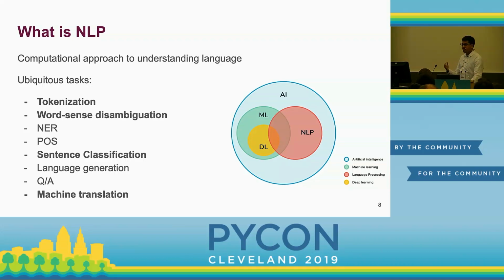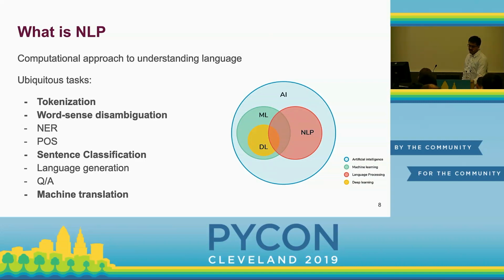So what is NLP? A very brief introduction. There are so many different definitions, because it's a relatively new field. So I just made a very simple definition, which is a computational approach to understanding language, teaching machines how to understand language. It includes some ubiquitous tasks like the following: tokenization, word sense disambiguation. I will explain more later during the notebooks what these things mean.